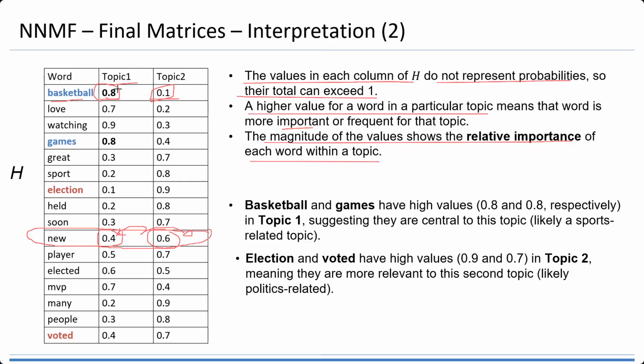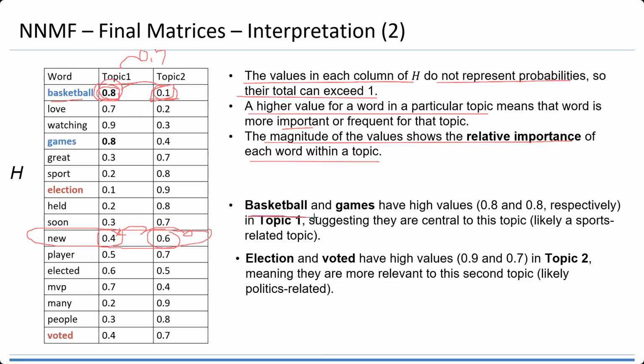But the magnitude like this one, 0.8 and 0.1, is highly different. The difference is 0.7 between the two, so we can see that it is more dominant. So this is more important.